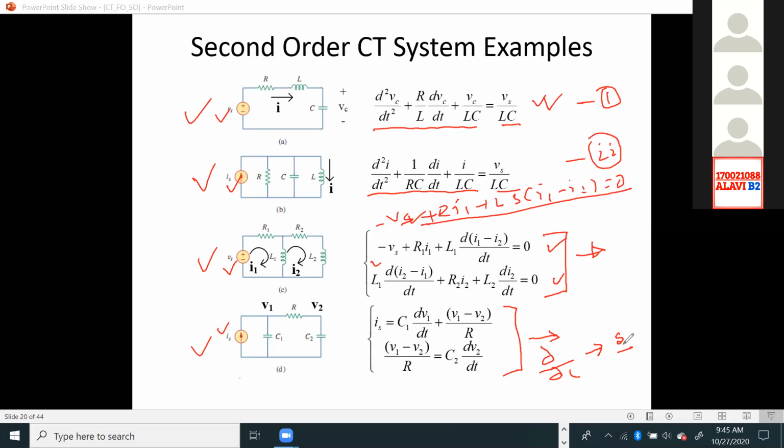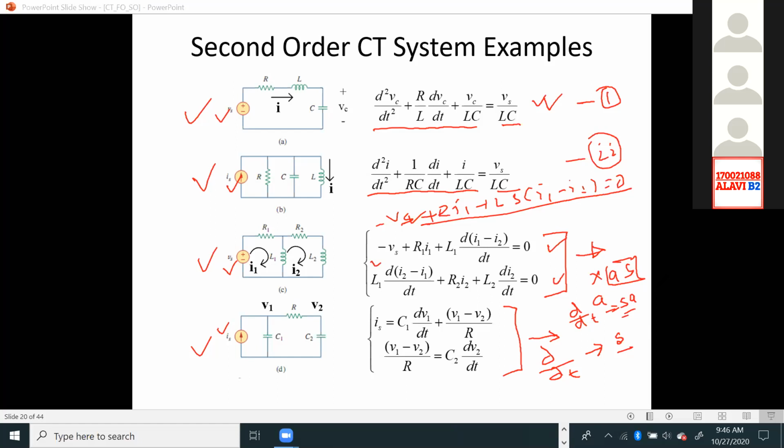When we are using an operator, you have to maintain the precedence of operation. For example, d by dt of A in operator form will be SA, but it will never be A into S. This operation is not allowed. The operator should precede the operand. You got this point? Yes, sir.